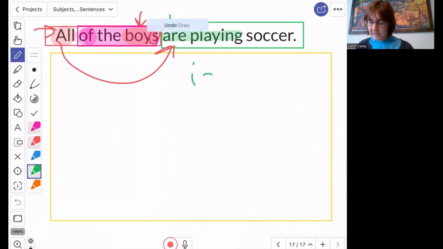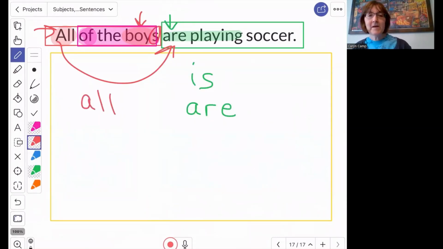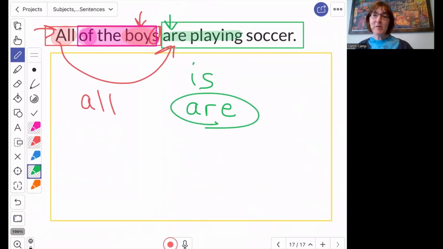Should we use is or should we use are if our simple subject is all? Anyone know? Well, if we use the word all, we're talking about more than one. And so we're going to use are. And of the boys helps us know that we're talking about more than one.